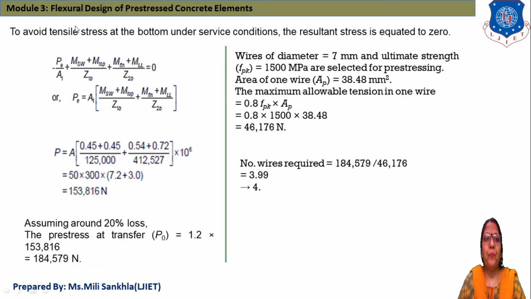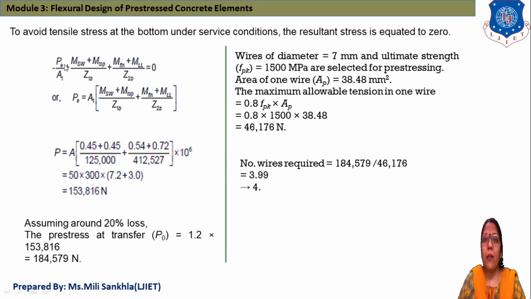Now, to avoid tensile stresses at the bottom under service condition, the resultant stress is equated to 0. This is for the service condition. Here we avoid tensile stresses because we are designing a type 1 member. In a type 1 member we avoid tensile stresses, and to avoid them we equate the resultant stress to 0.